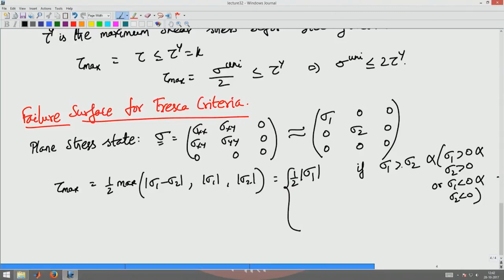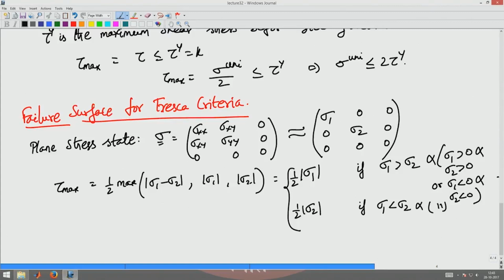Sigma 1 is greater than sigma 2 here, so the maximum value of tau max would be the maximum value of sigma 1 or sigma 2. Similarly, if sigma 1 is less than sigma 2 and the same conditions are satisfied, it will be 1/2 of the absolute value of sigma 2.